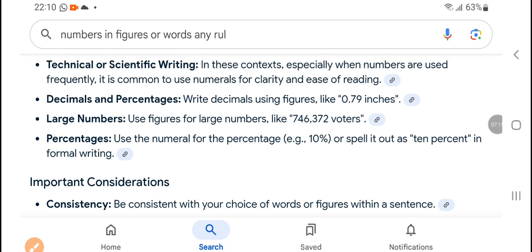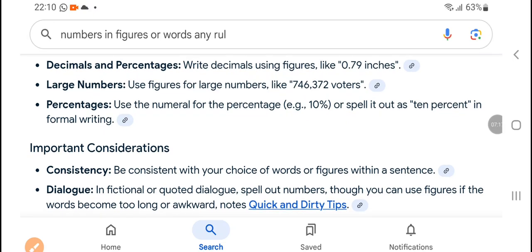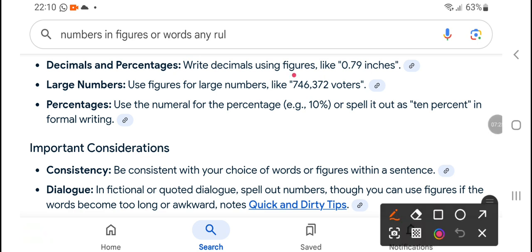Now the next rule: figures for decimals and percentages. Write decimals using figures. When we use decimals in writing, we should use figures, and for percentages also, right?